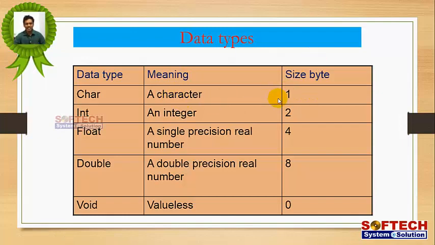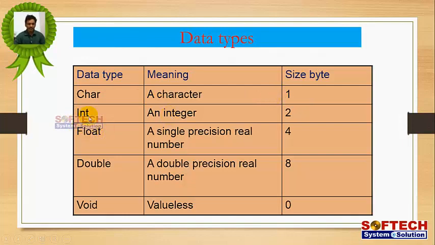Based on that ASCII chart, to store a character, it requires 8 bits, that is 1 byte. 1 byte is equal to 8 bits. So the size is 1 byte.